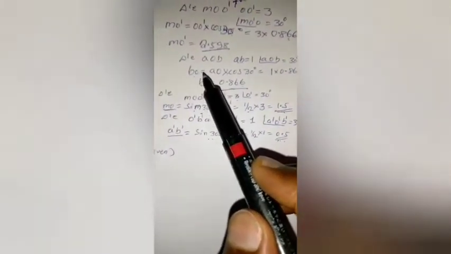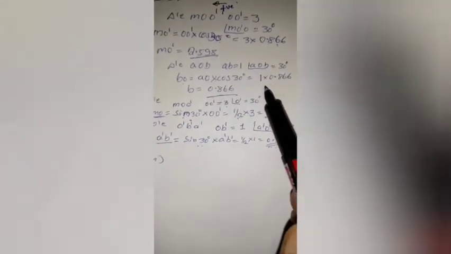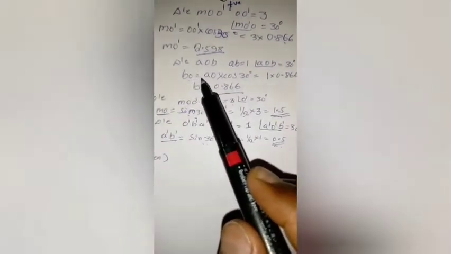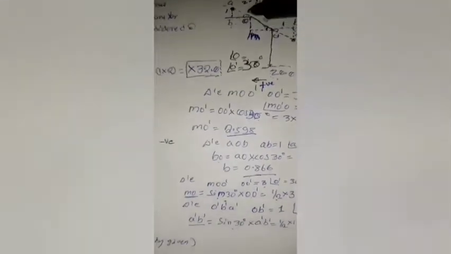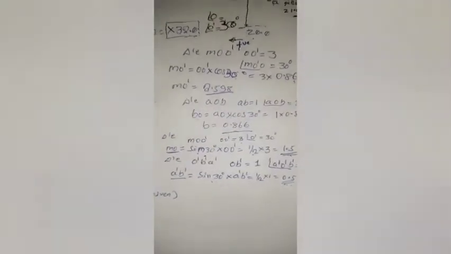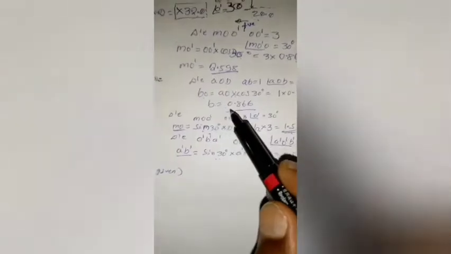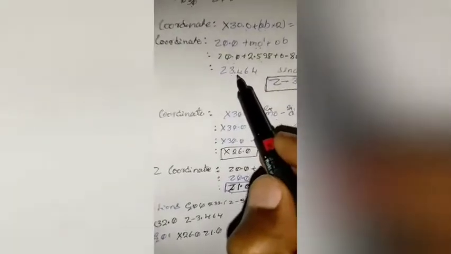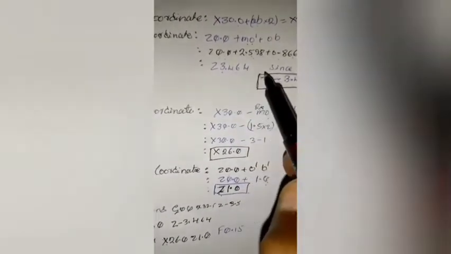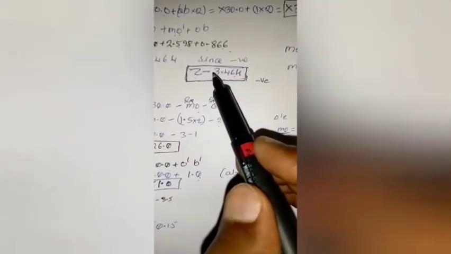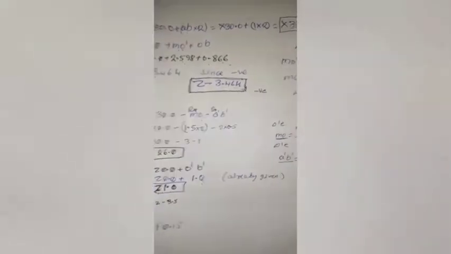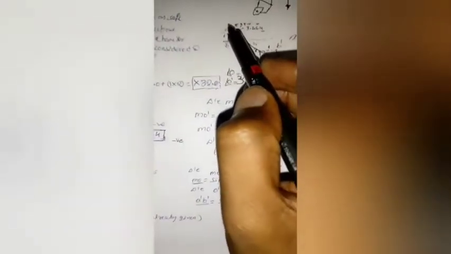In the AOB triangle, AO multiplied by cos 30, because it is the adjacent side. So 1 multiplied by 0.866, OB is equal to 0.866. Upon addition, I'm going to get Z 3.464. The sign is negative always because it is going in the negative direction, in the start position.